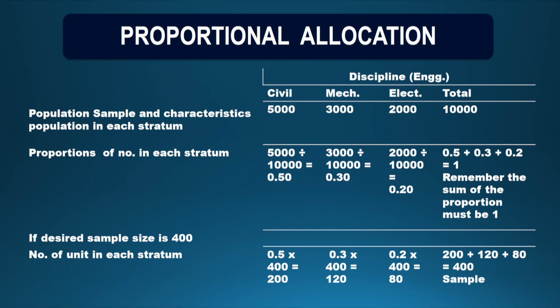For using the proportional allocation method, the researcher needs to define the proportion of numbers present in each strata. The proportion is to be calculated, and remember, if the sum of all the proportions is equal to 1, it means the proportions are selected accurately. And according to the desired sample size, the researcher needs to select the number of individuals for the sample.